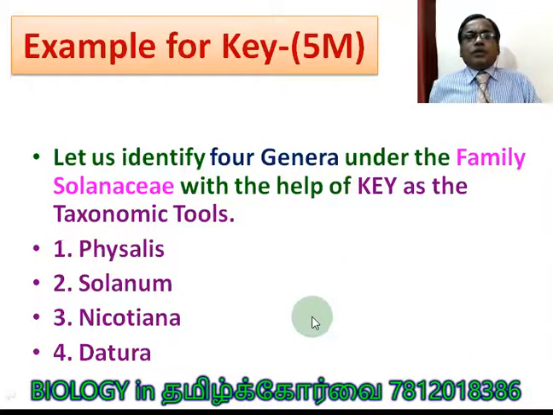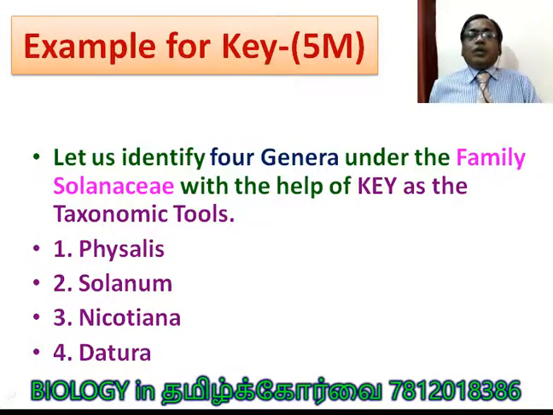Example for keys: let us identify 4 genera under the family Solanaceae with the help of a key as a taxonomic tool. This can be asked in a 5-mark question. Give an example and describe it for the particular family, the genera belonging to that family.